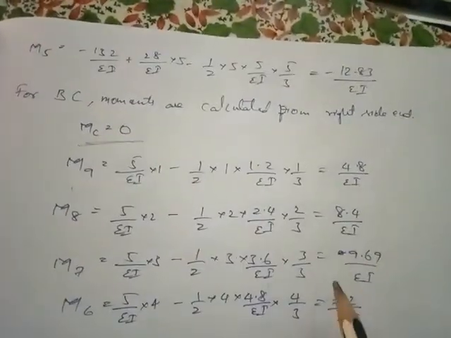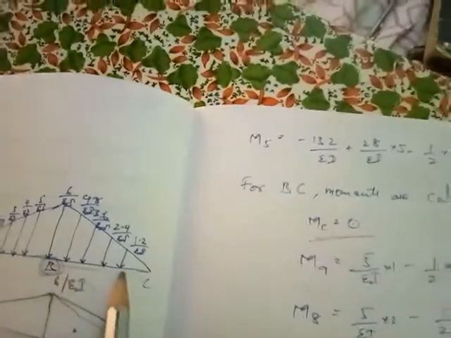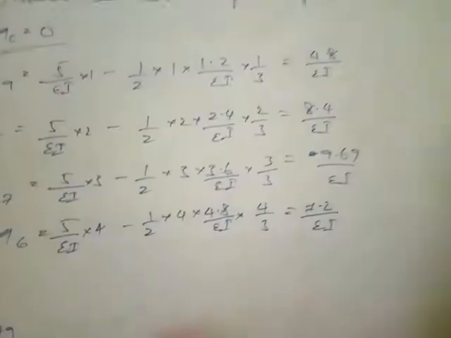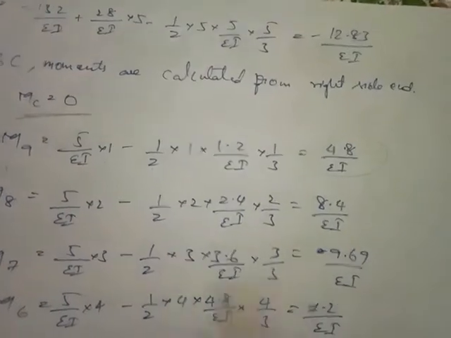Here we need to remember one thing: as the span is 5 meters, the distance will be 1, 2, 3, 4, 5. It is not multiples of 1.2. So 1 meter, 2 meters, 3 meters and 4 meters.